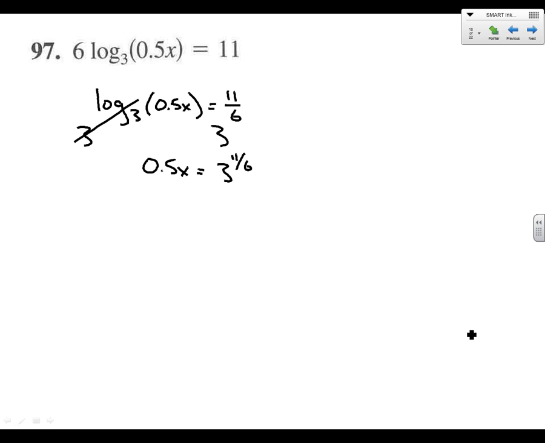So if you plug that in, you're going to end up with, actually, let's times by 2 first. Those cancel, we'll just get x. Plug it into your calculator. You're going to have to approximate this out to 3 decimal places like all the other problems. 14.988 is what you should have.